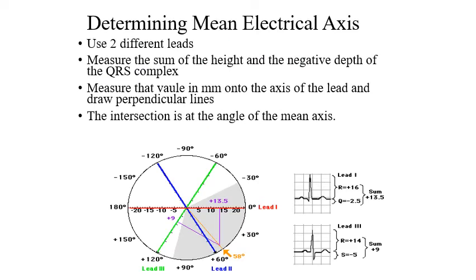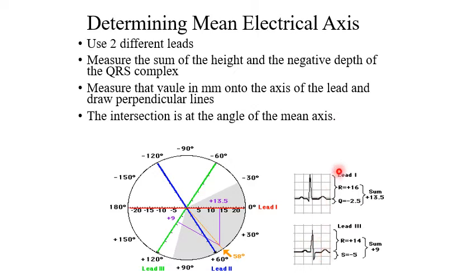Now let's talk about how we can determine the mean electrical axis of the heart. This is a demonstration of how we can do that. We get the ECG and we take two different leads.